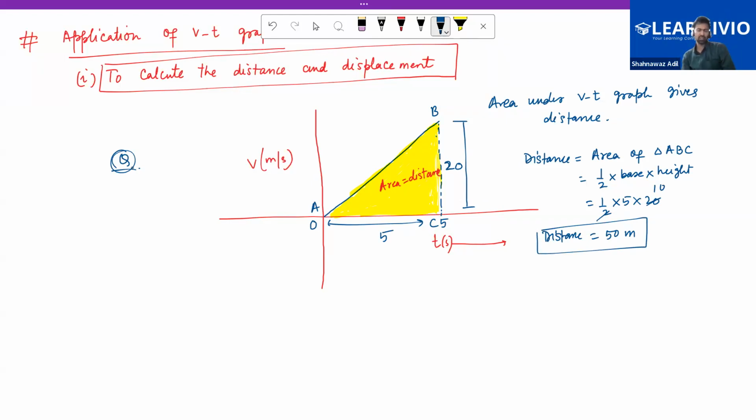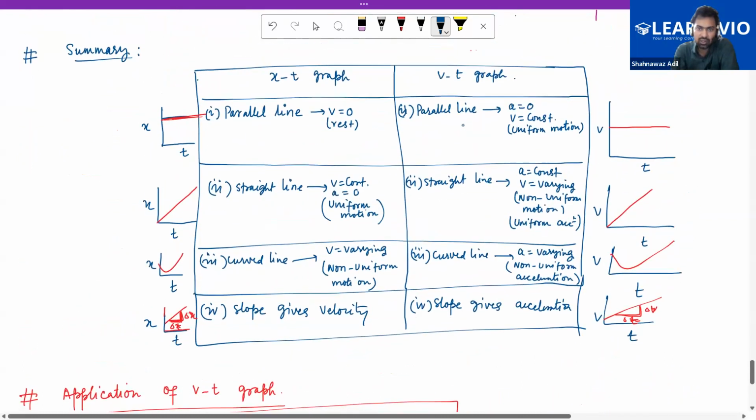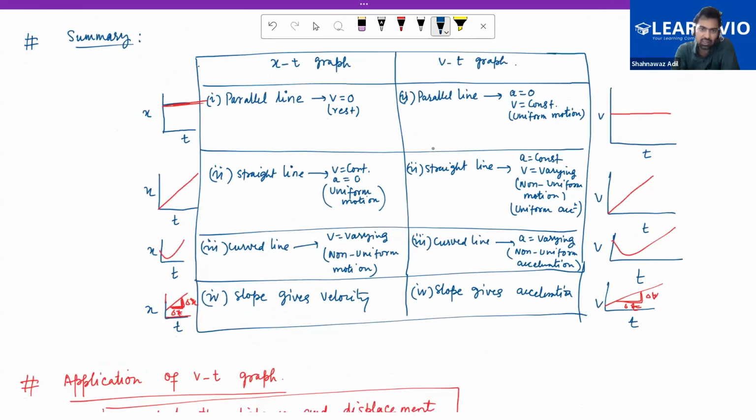For the vt and xt graphs, the things are different, not opposite, but somewhat opposite in the sense that the meaning changes.